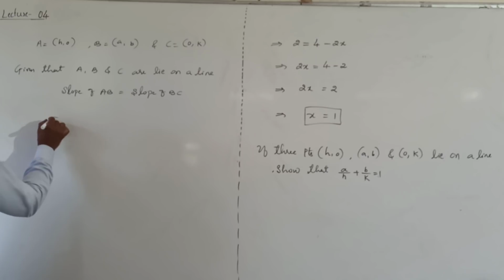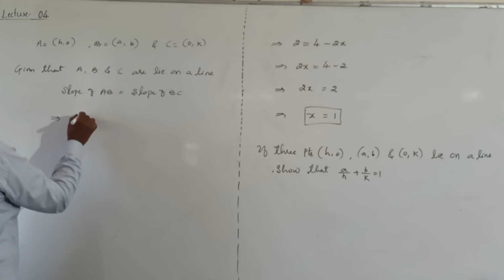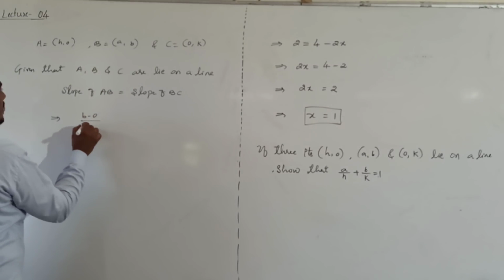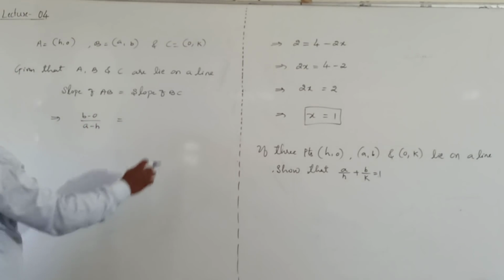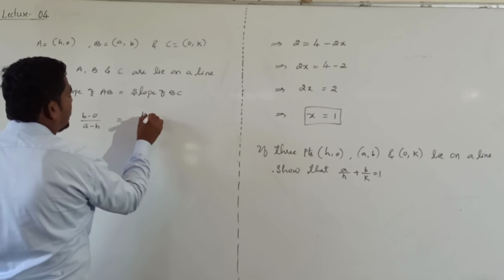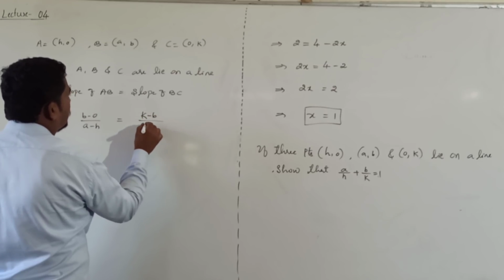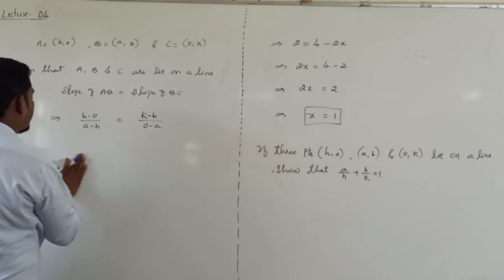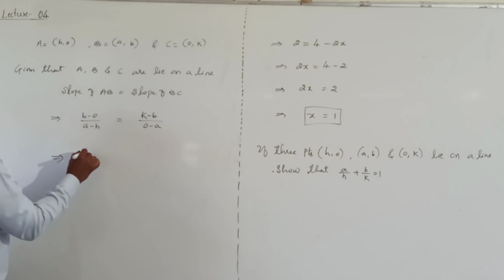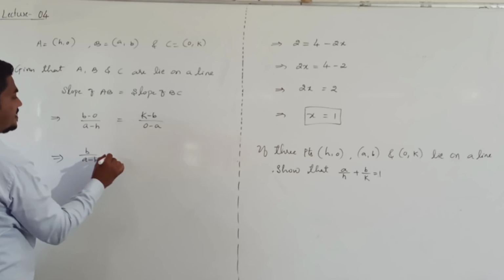Then what is slope of AB? That is (b minus 0) divided by (a minus h). That's equal to slope of BC, (k minus b) divided by (0 minus a).